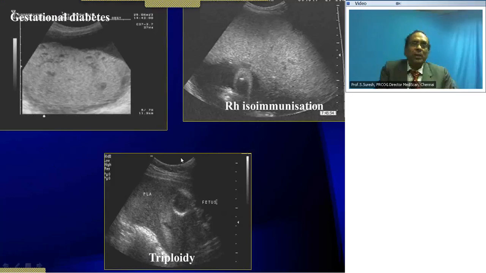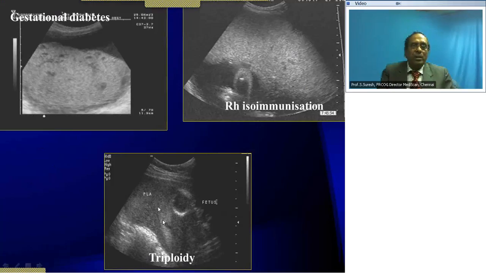Now, here is a very large placenta, and here you can see it's not only large, it's echogenic, and almost giving you what's called a ground glass appearance, and that's very typical of Rh isoimmunization. And here is another echogenic placenta with gestational diabetes. Now you can hardly make out the difference between these two. Both are large and both are echogenic.